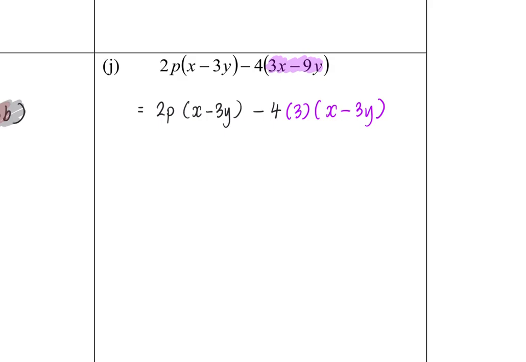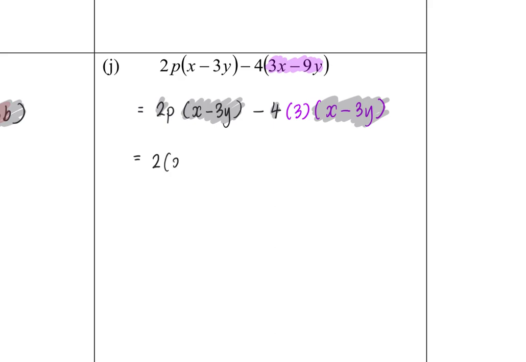And then from here, I can just simply take out all the common factor now. If I compare 2 and 4, I know that there is a common factor 2. Also, x minus 3y is also a common bracket, meaning common factor.